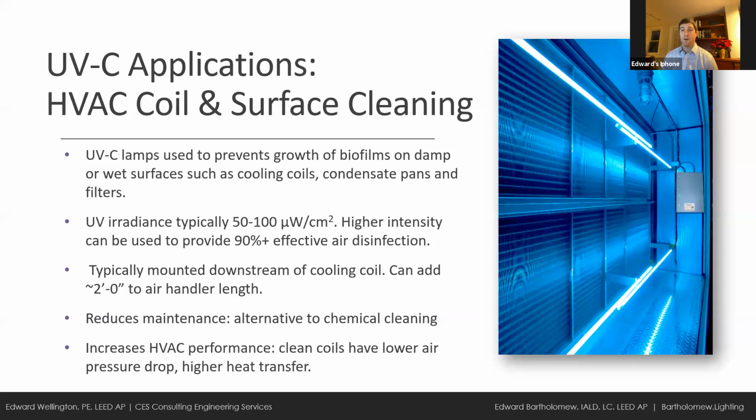But we often get the question, can I raise the wattage and kill two birds with one stone and get the surface cleaning aspect and the disinfection aspect? And the answer is yes. You can use more lamps, like 2 to 3 times the lamps, and a higher intensity. And in a 2-foot section downstream of a cooling coil, you can actually achieve well into the 90s, 99% kill rate.